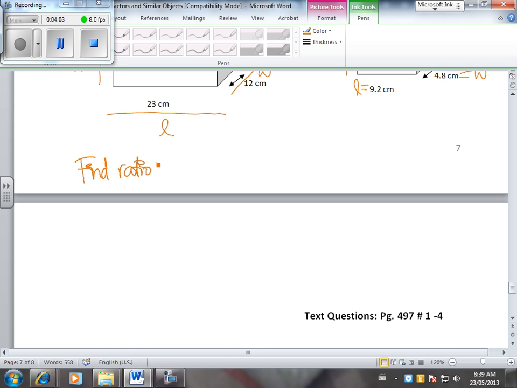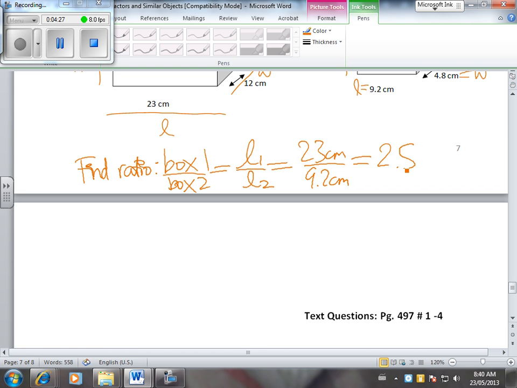So we do box 1 over box 2, and we'll do length over length. So length of 1 over length of 2. So we have 23 centimeters over 9.2 centimeters. And if you do that on your calculator, you'll find that you get a ratio of 2.5.